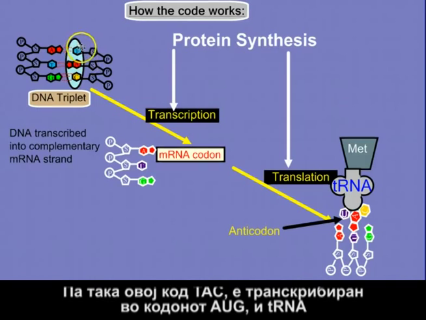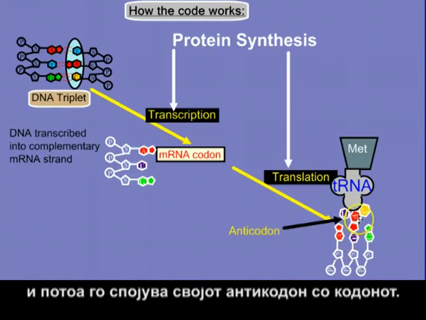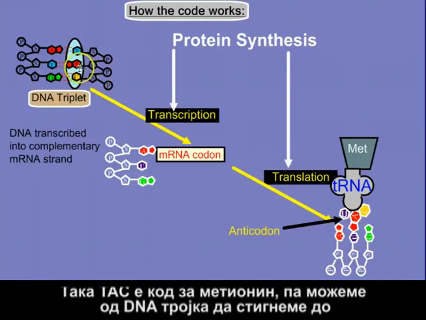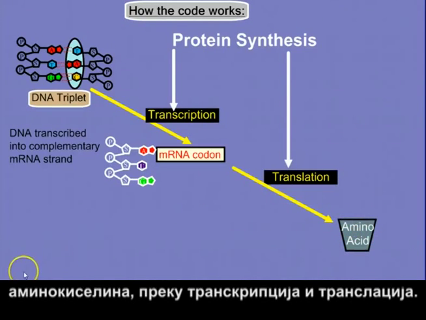So this DNA triplet, TAC, is transcribed into a messenger RNA codon, AUG, and the transfer RNA with the anticodon, UAC, which picks up the specific amino acid methionine, lines up its anticodon with the codon, so that TAC is coding for methionine. So we can go from a DNA triplet to an amino acid, with transcription followed by translation.